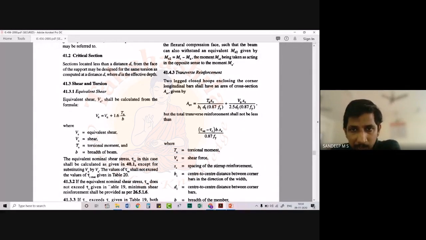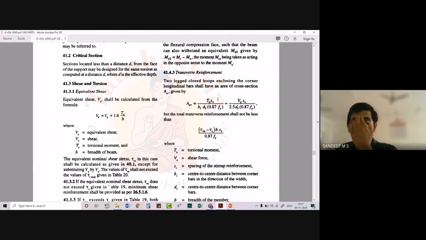Two-legged closed hoops enclosing the corner longitudinal bars shall have an area of cross-section ASV given by ASV equal to, we have two equations for calculating ASV. You have to calculate the value of ASV using both these equations. And the total transverse reinforcement shall not be less than this value.